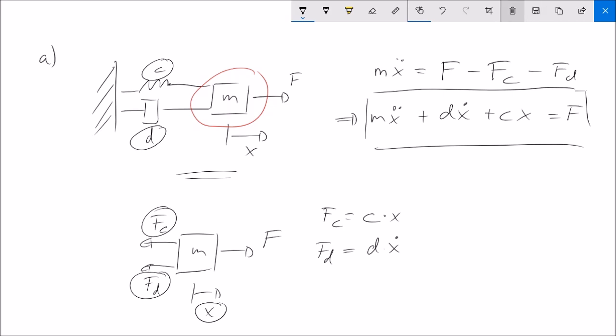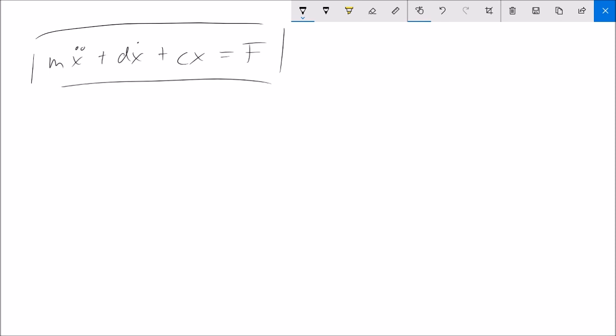Let's do that by simply writing here again the differential equation we just derived. Now let's transform this differential equation into a more convenient form. Our aim is to define a trajectory generator which has the following form: x dot dot is equal to something.